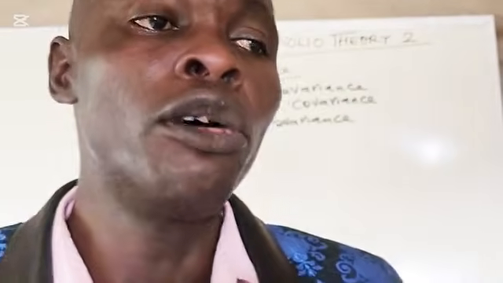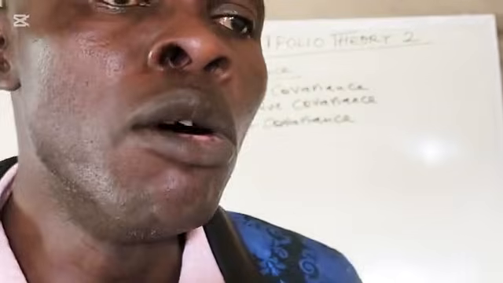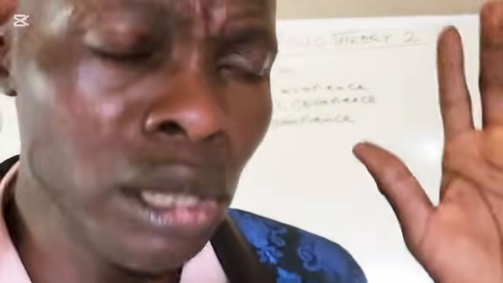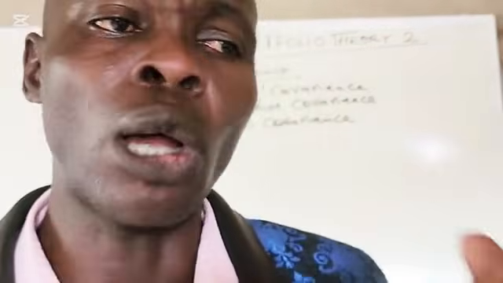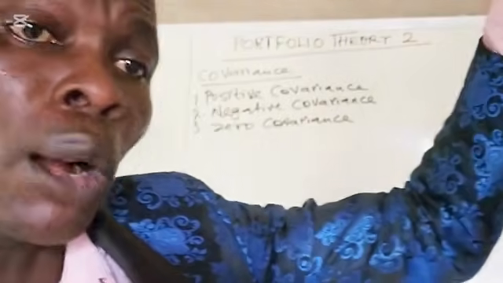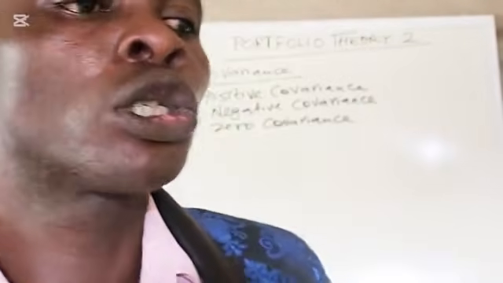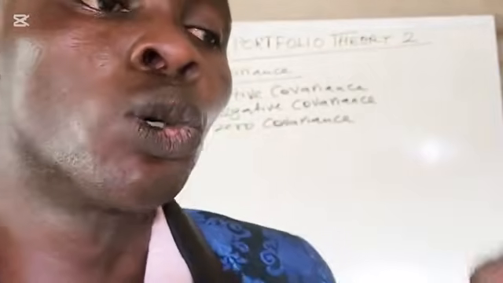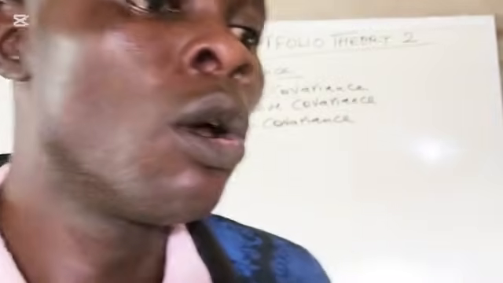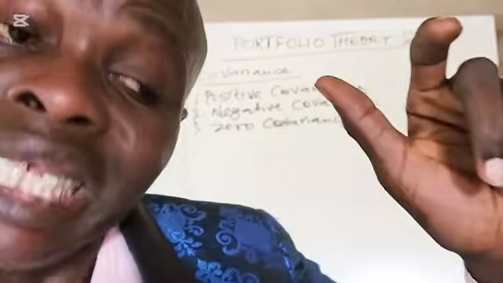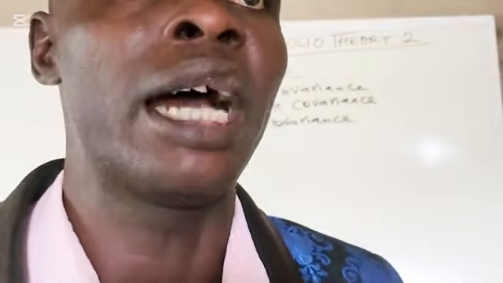Negative covariance means the investments move in opposite directions. That is, if stock A goes up, stock B goes down. If stock A goes down, stock B goes up. This is good for diversification because one investment can offset the losses of another.